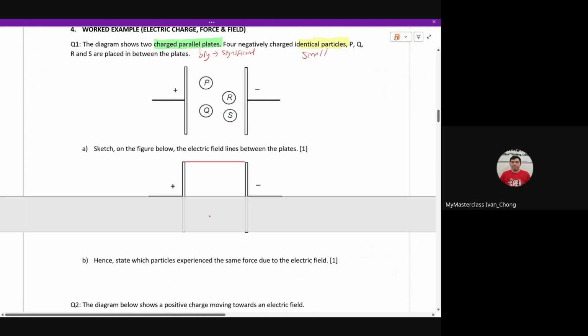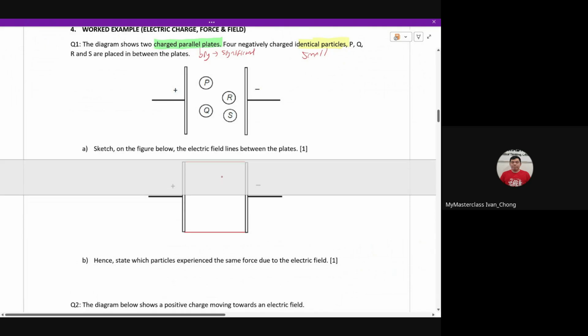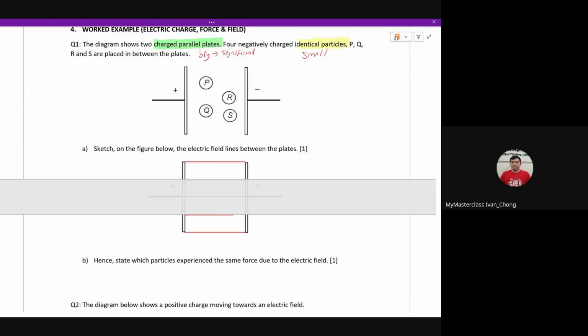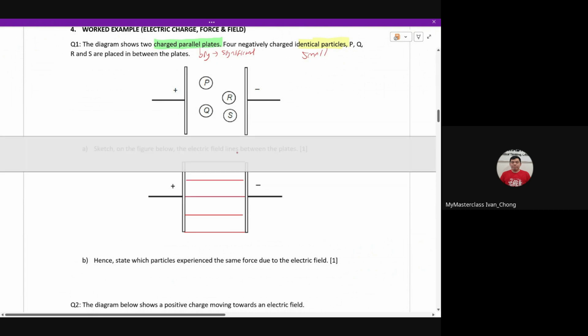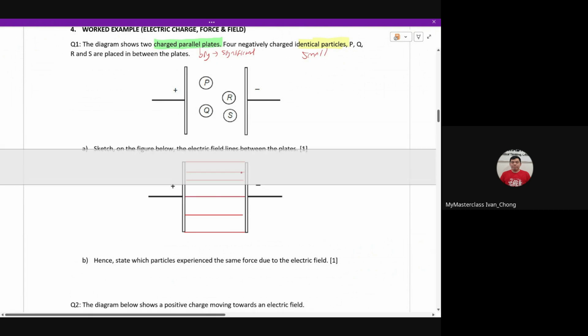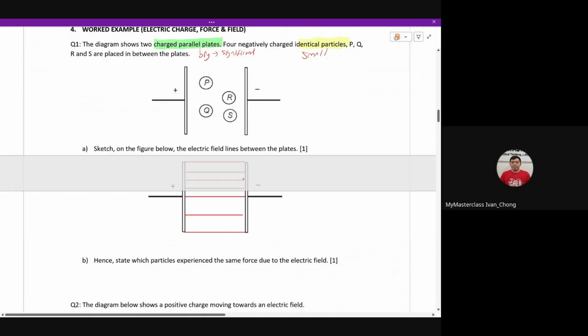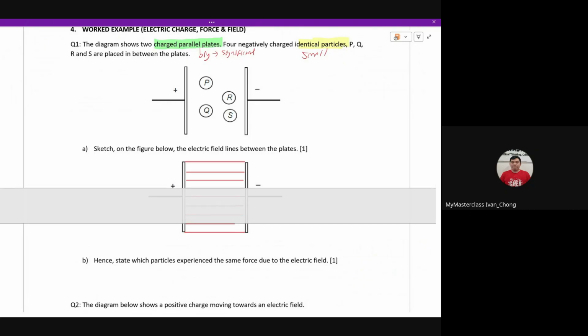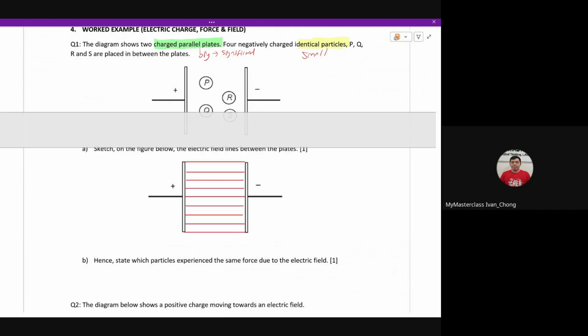So at the two edges, you want to draw straight lines, and in the middle, draw straight lines, and in between both, draw straight lines. Do take note, the spacing between your lines itself should be roughly the same, because you want to tell the marker that the electric field strength is roughly the same throughout. Okay, so if you draw it properly, it should look something like this, and you will notice the field lines will be moving from plus to minus.